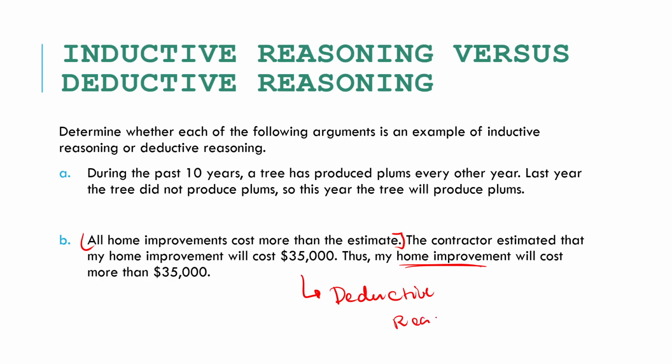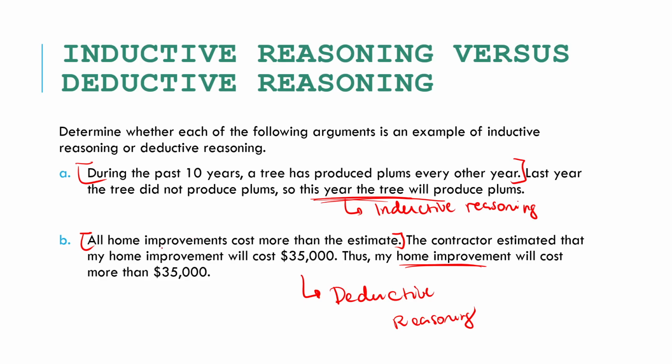reasoning. Okay? And in statement A, we use inductive reasoning because we have specific examples. This is our specific example and this is our general conclusion. For statement B, this is our general example, all home improvements.